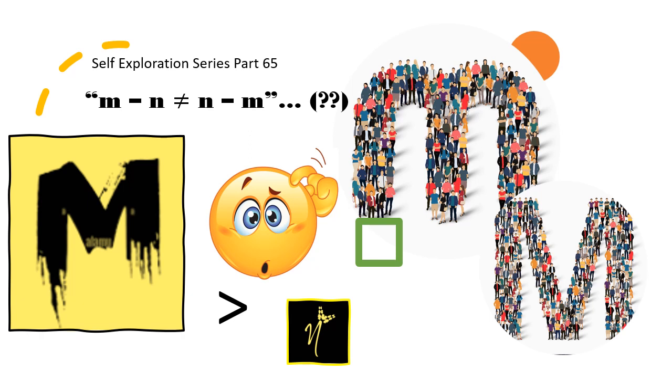M and N, variables in mathematics. Some basic maths says if m is not equal to n, then m minus n is not equal to n minus m.